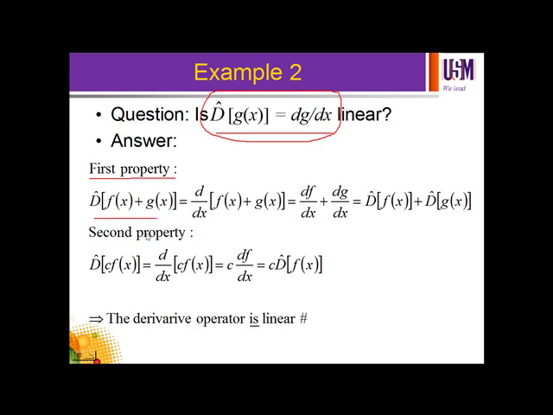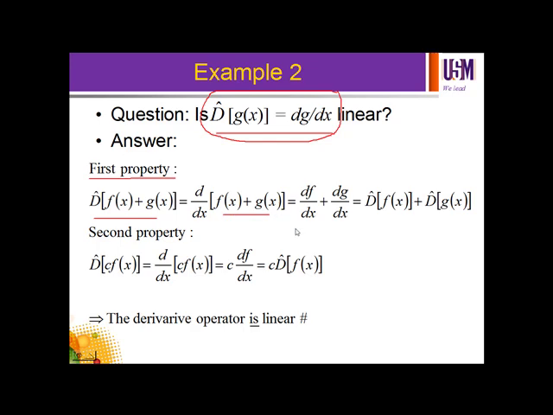The first property on the left hand side is the operator for the summation of f plus g, and the operator of g is defined as dg per dx. So you can substitute the operator with d per dx, and actually this is differentiation.